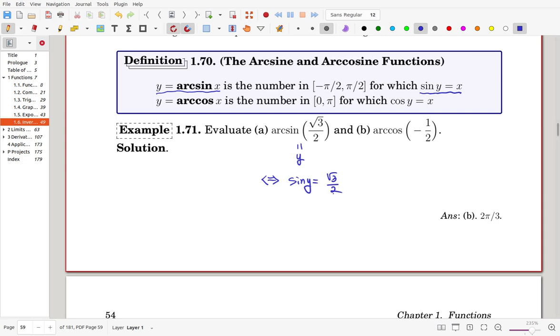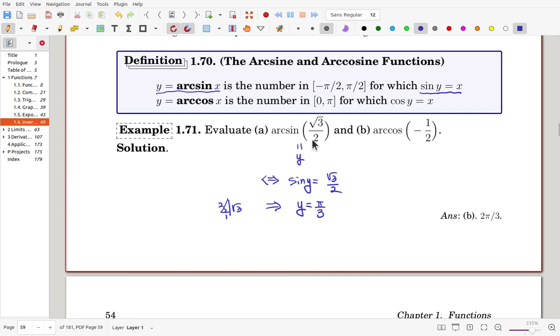So you can easily see from this triangle with sides 2, 1, and square root of 3, that the angle is y. So this is the same as pi over 3.